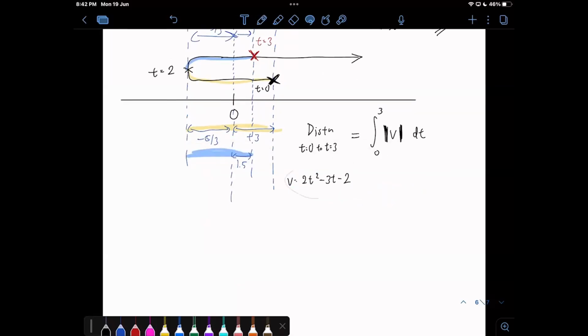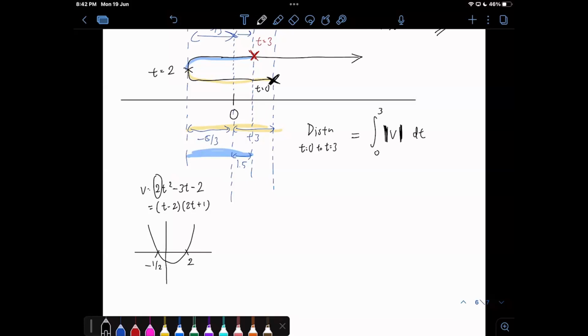Then let's draw the graph of this. Factorize this. What was it again? 2, minus 3, minus 2. I get t minus 2, and I get a 2t plus 1. So that means I will have a graph that looks something like a positive coefficient, so happy face. The two roots are -½ and +2. When t equals to 0, where is it?